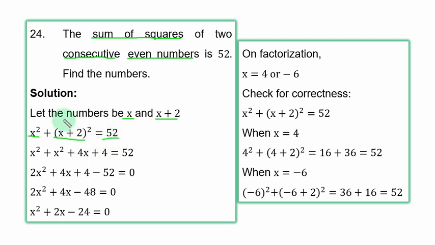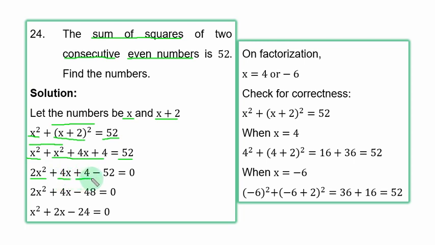So to continue, we need to expand this. When you expand it, you have s squared plus 4s plus 4, and the other s squared, equal to 52. We can add s squared and s squared, and that will give us 2s squared plus 4s plus 4.